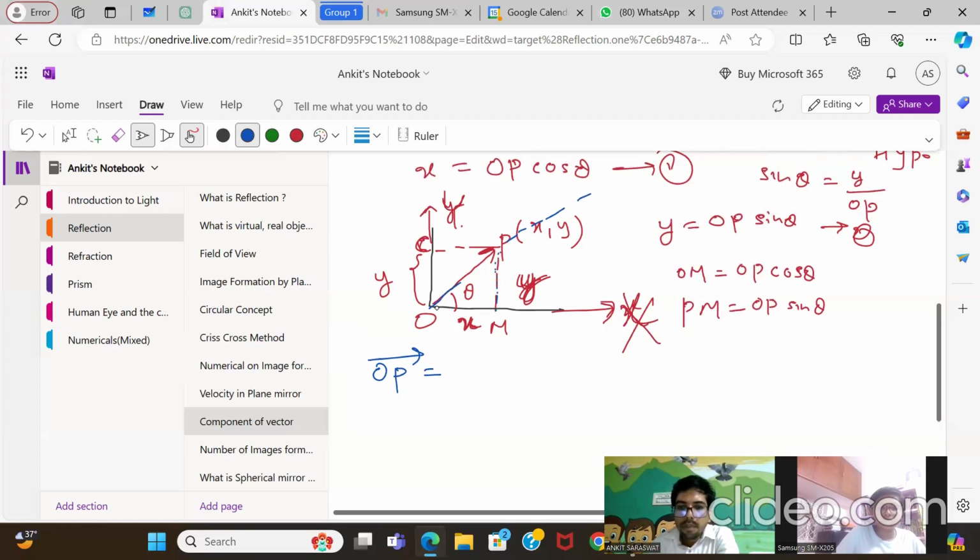OM. This is the projection on the x-axis. If this OP is going in this direction, then to get the projection of this vector on the x-axis, just drop a perpendicular like this, then you will get the projection.